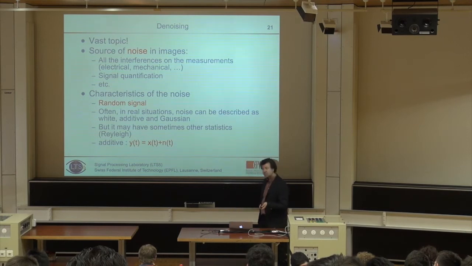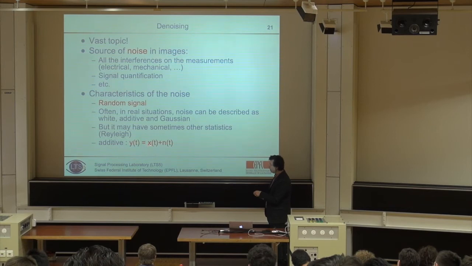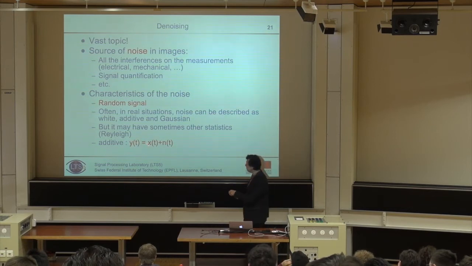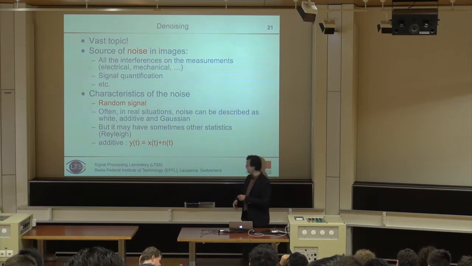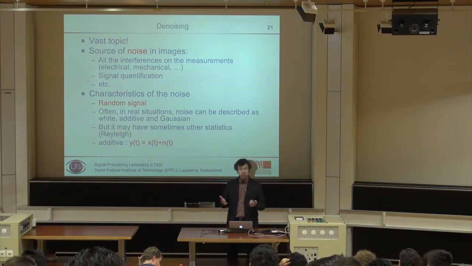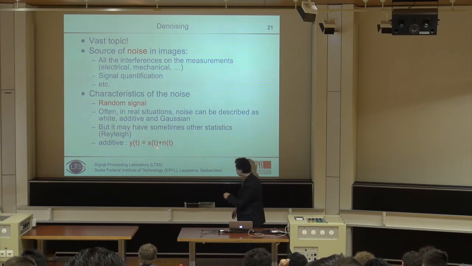And so the classical model for the image that you have is to say that the image that I have is actually an ideal image plus noise. This is how you model the fact that you have noise which is added to your image. And this is true for the systems that indeed add noise to your image with a plus.